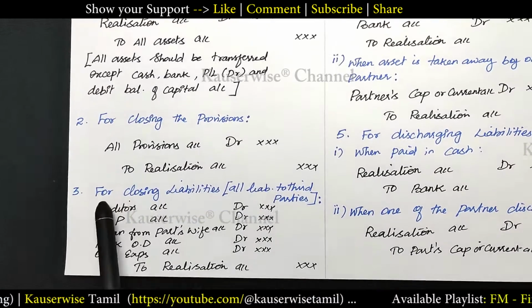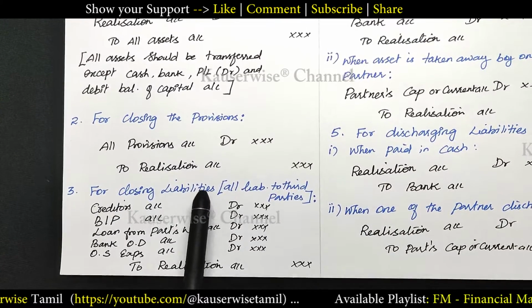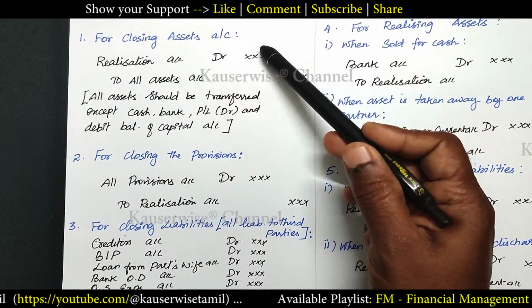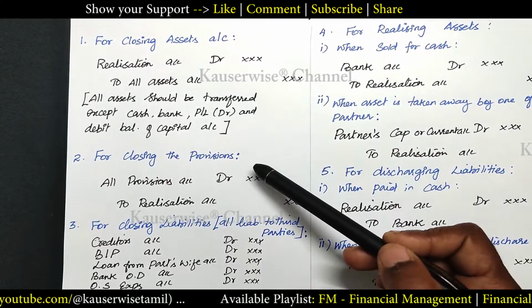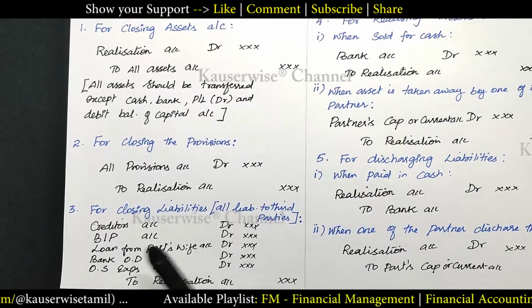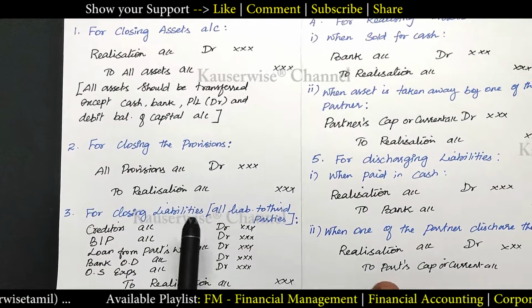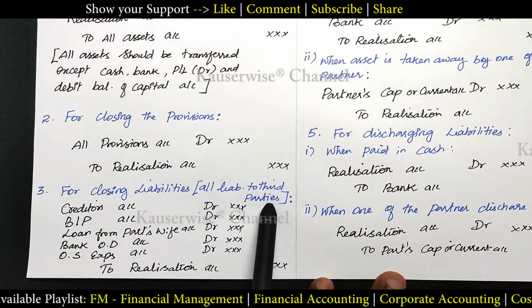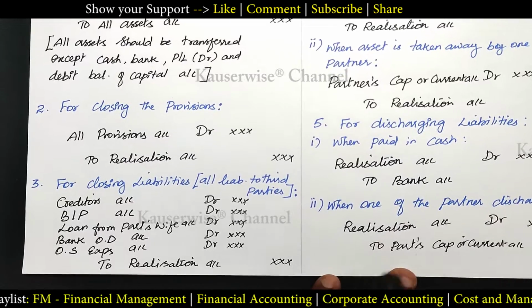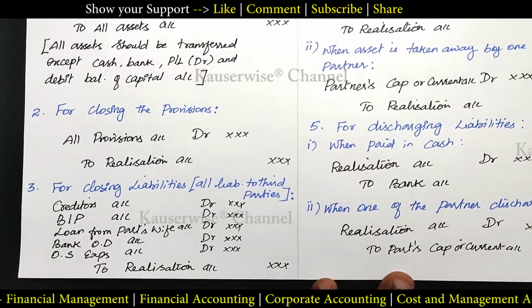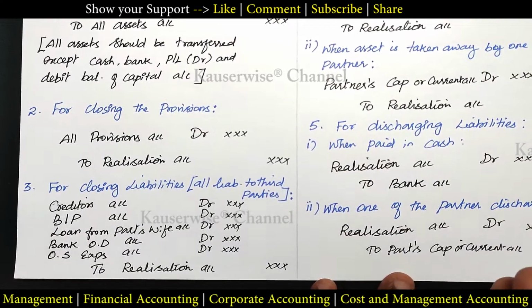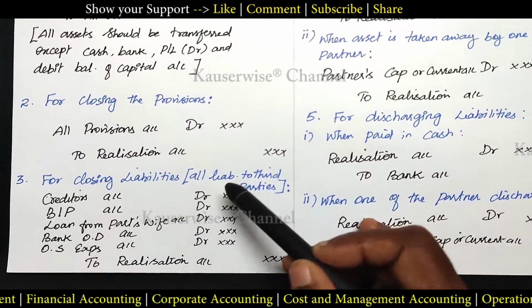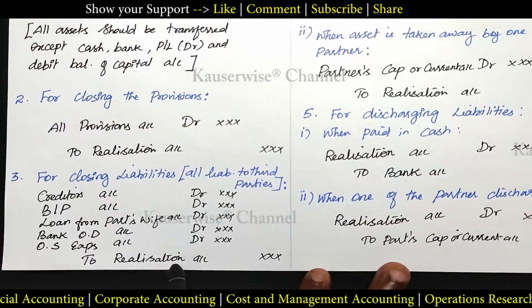And the next one, for closing liabilities. Already we have closed all the assets except a few things, and then provisions. And the next one is for closing liabilities. Liability means all third party liabilities alone, not internal liability, not personal liability, only any liability due to third parties. Those items need to be transferred to realization account.